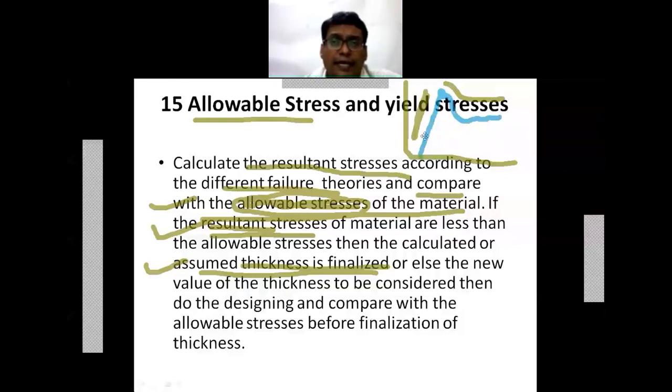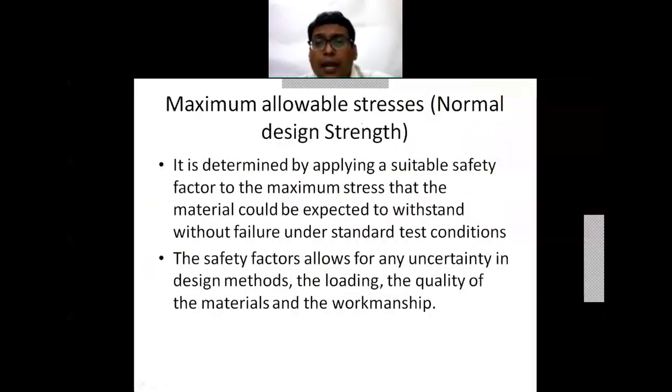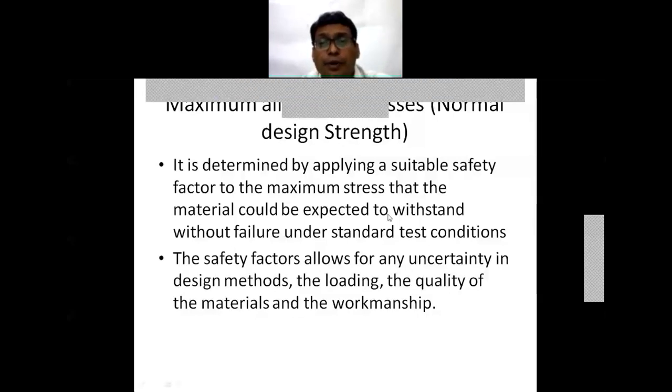It should not exceed the yield stress region. It is determined by applying a suitable safety factor to the maximum stresses that the material could be expected to withstand without failure under the standard test conditions. So उसमें भी मेरे को सेफ्टी फैक्टर अप्लाई करने का है at that temperature and pressure conditions.